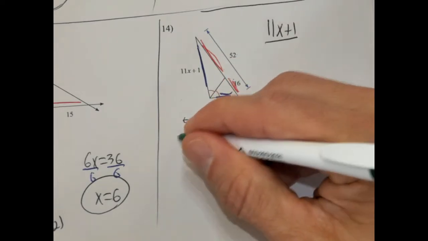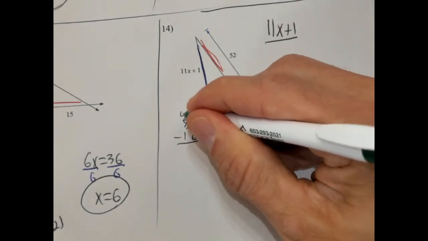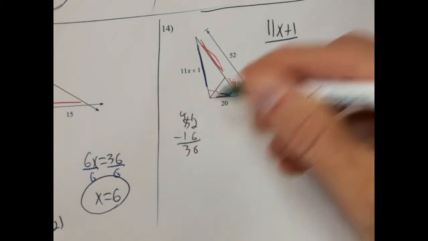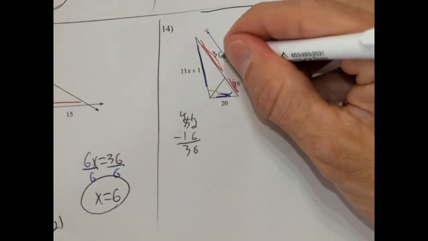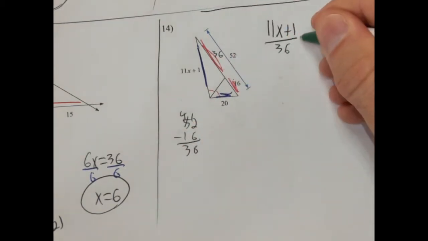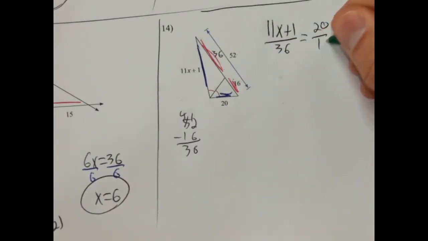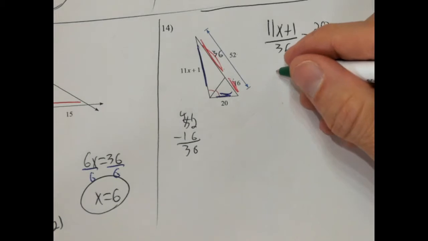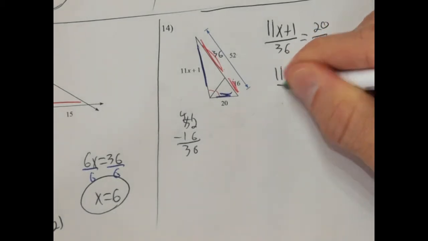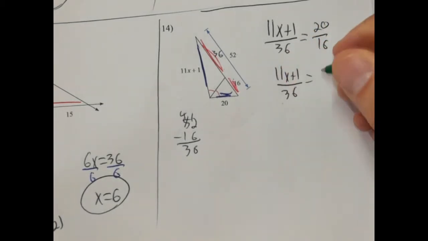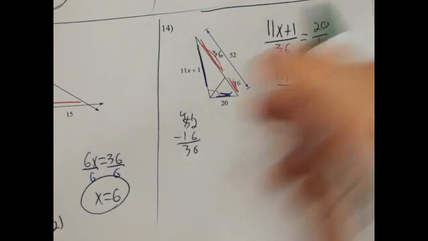So 52 minus 16, borrow from that. It's 36, yeah, that sounds about right. So that's over 36, and this is going to be 20 over 16. Now those are both divisible by 4, so I'm going to simplify that. That's going to be 5/4.